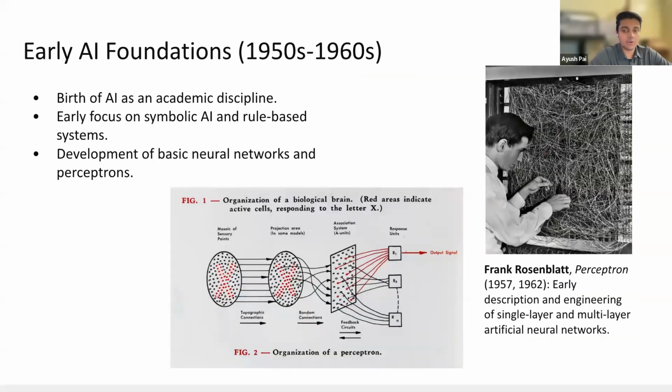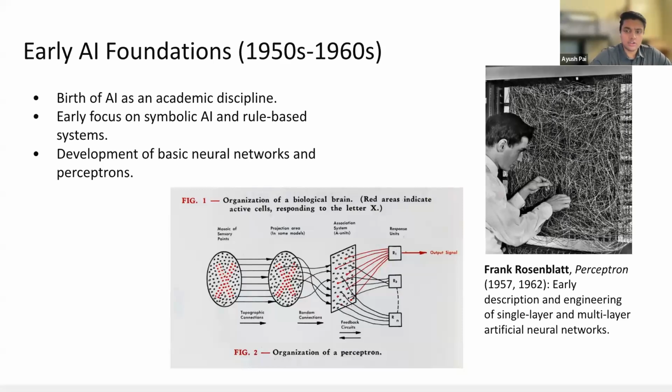So as some early AI foundations, back in the 1950s to 1960s, we really witnessed the birth of AI as a formal academic discipline. It was a time of great enthusiasm and pioneering spirit, which marked an early focus on AI and rule-based systems, which are programs that operated and encoded on rules of logic.